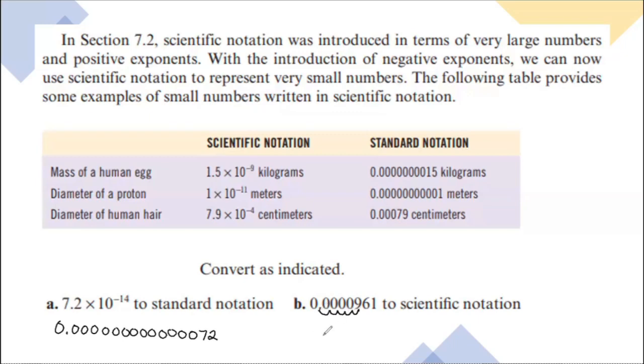So, meron kang 9.61. Pero mula doon sa standard notation, nag-move yung ating decimal point ng 5 times. Kaya magiging 9.61 times 10 raised to negative 5. Okay? Yan. So, yan ngayon yung ating magiging conversion.